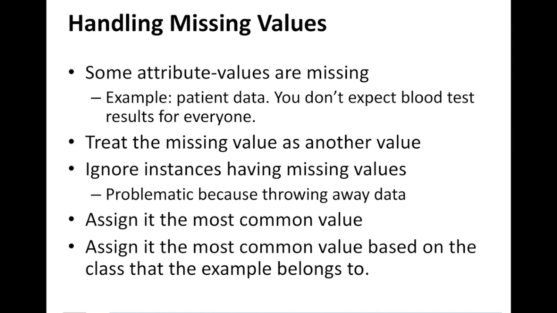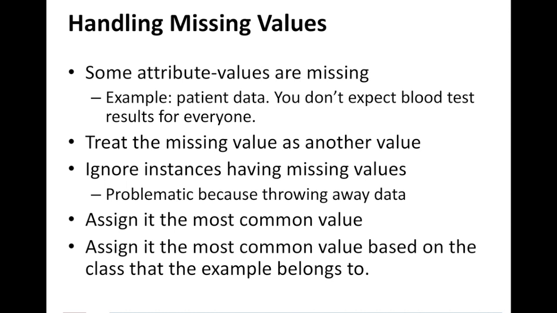You can also assign the most common value based on the class that the example belongs to. Here you look at the number of high and normal values with respect to the class. Let's say in the class play tennis equal to no, you have 9 highs and 1 normal. In the class play tennis equal to yes, you have 3 highs and 7 normal.